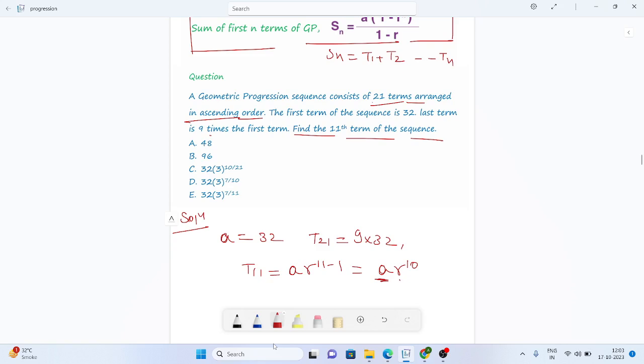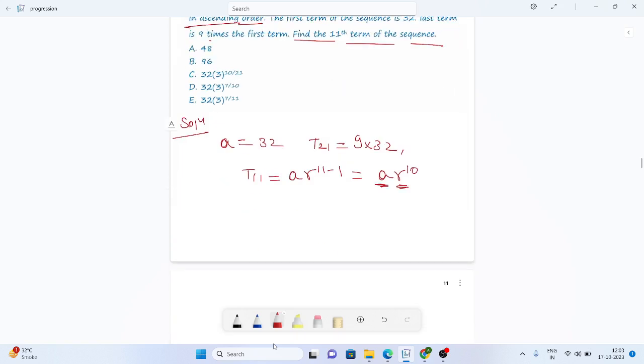I have a, but I have to find r. So I put this last term equal to a r to the power n minus 1. So T21 from the formula is a into r to the power 21 minus 1, which is nothing but a r to the power 20. So here a is 32, r to the power 20 equals 9 into 32, right?